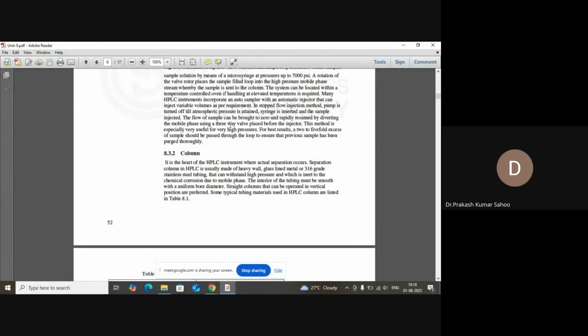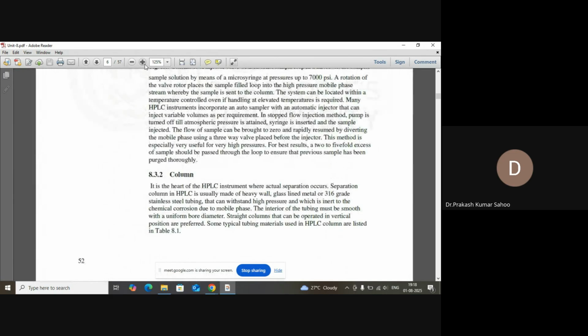So the column is the heart of HPLC, where actual separation occurs. The separation column in HPLC is usually made up of heavy wall, glass lined metal or 316 grade stainless steel, which is the high performance grade steel, and its market price is also very high. Different grades are available, that is 304, 204, 316, and 316 is the best stainless steel available in the market, which can withstand high pressure and is inert to chemical corrosion due to the mobile phase.